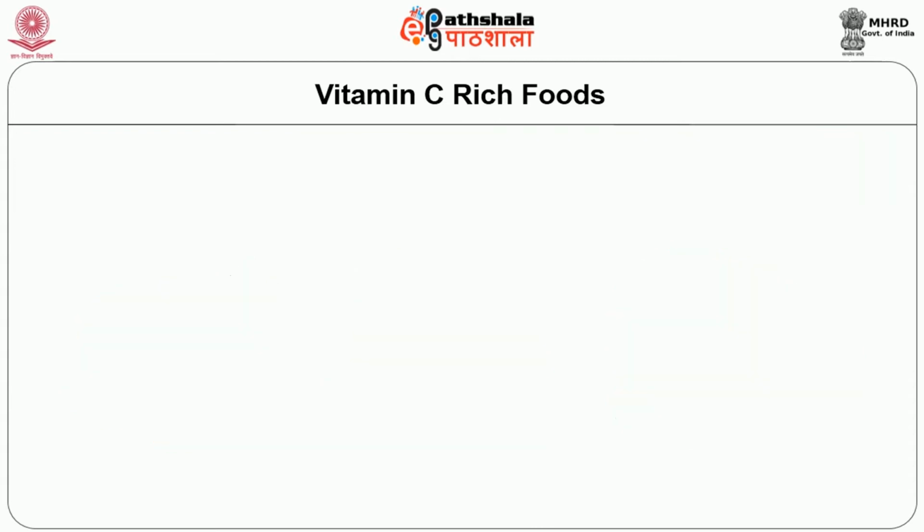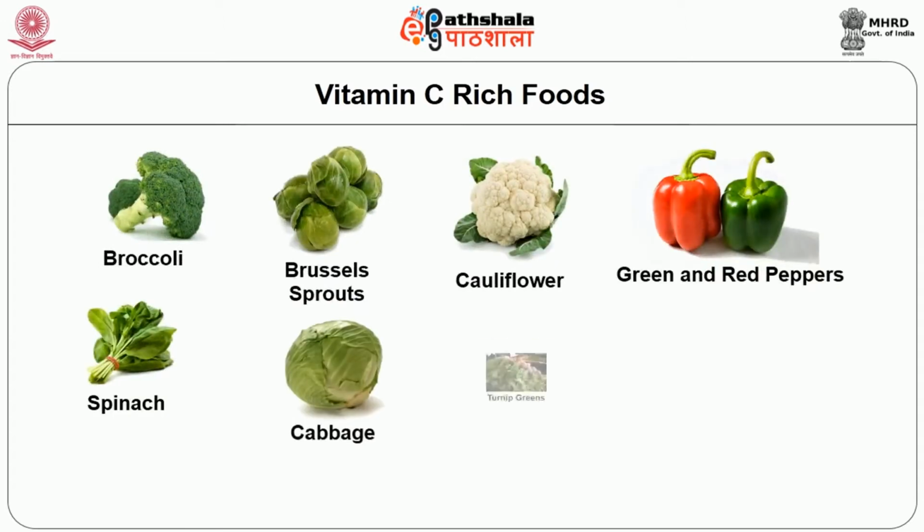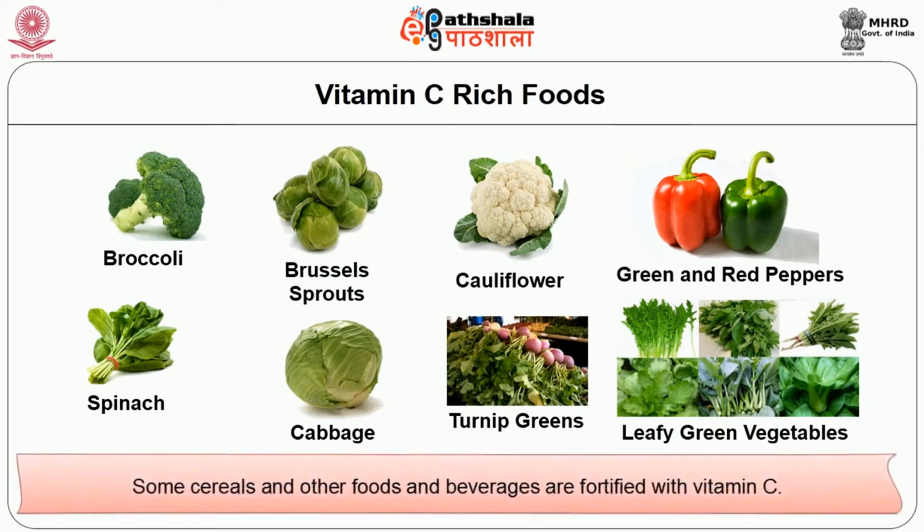In the vegetable family, broccoli, Brussels sprouts, cauliflower, green and red peppers, spinach, cabbage, turnip greens and other leafy greens are good sources. Even some cereals and other foods and beverages are now fortified with vitamin C.